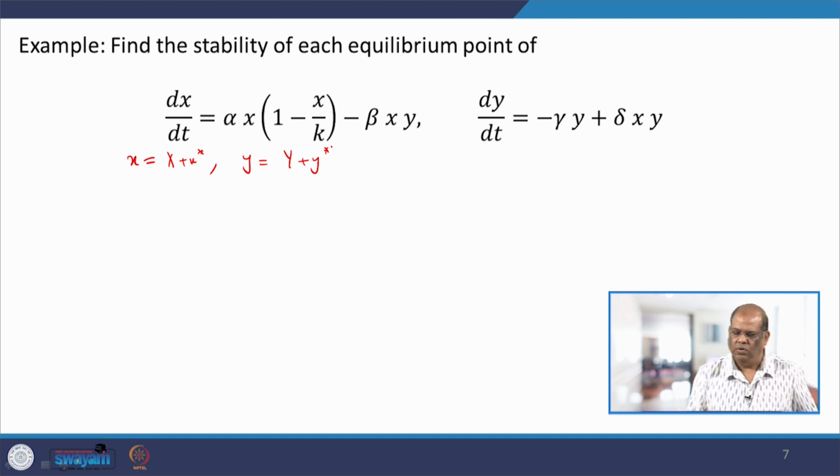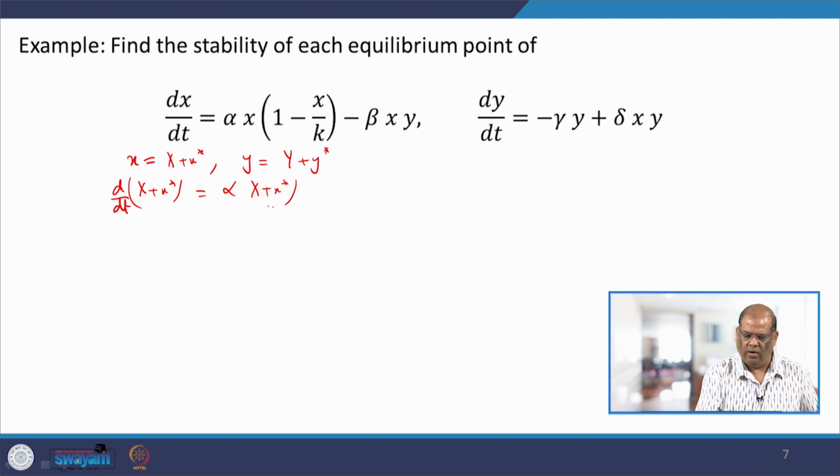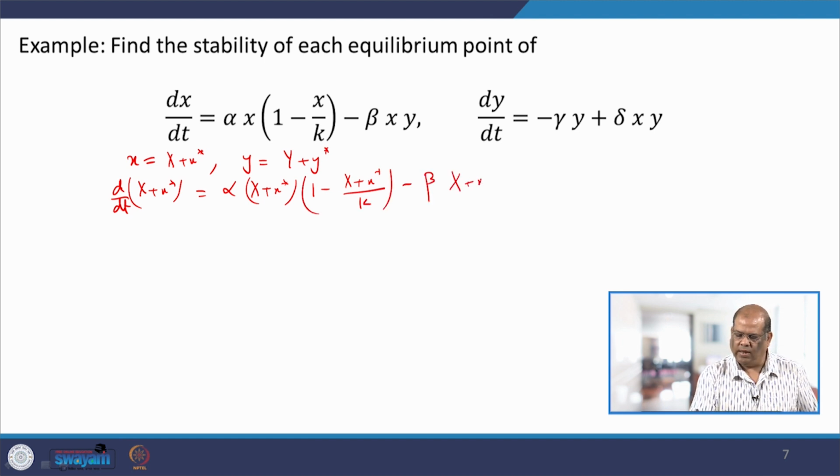If I use that, I will substitute it here. I will get d dt of x plus x star equal to alpha times x plus x star, 1 minus x plus x star divided by k, minus beta times x plus x star, y plus y star.